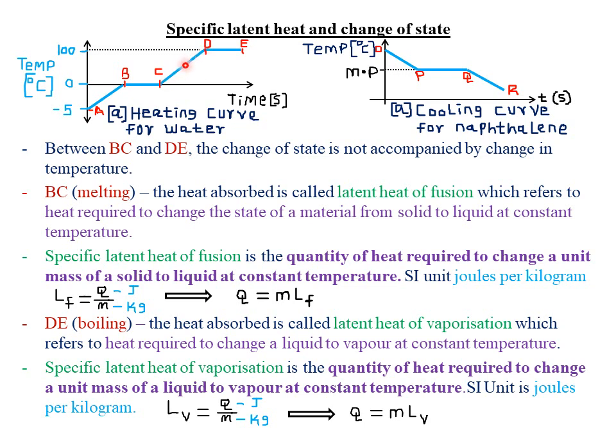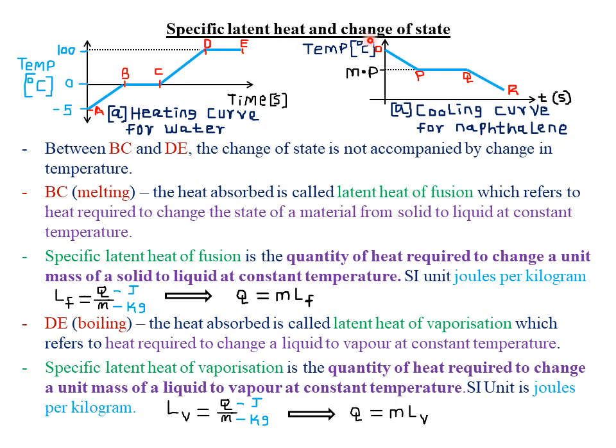Between point D and point E, it occurs at a temperature of 100 degrees, and we know that the boiling point of water is 100 degrees. So between point D and point E, the water exists in gaseous state, that is what we call the steam.